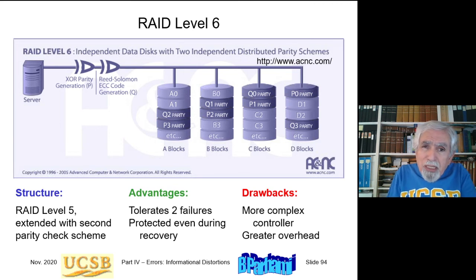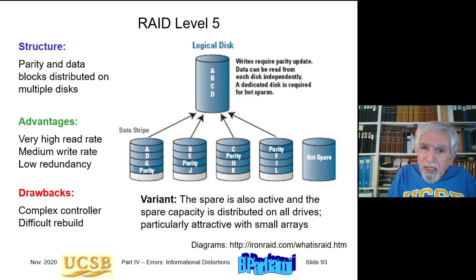Now one notion that I need to mention here is the notion of parity group. Let me go back to RAID 5. If you have 4 disks and 1 spare, you really don't need to compute the parity across all 4 disks. You can define what is called a parity group.